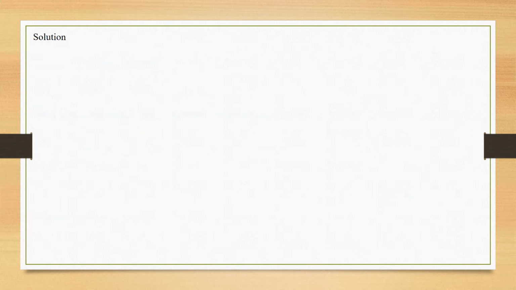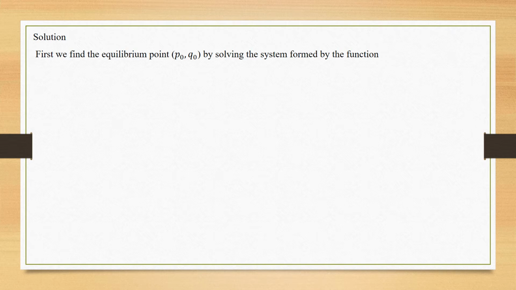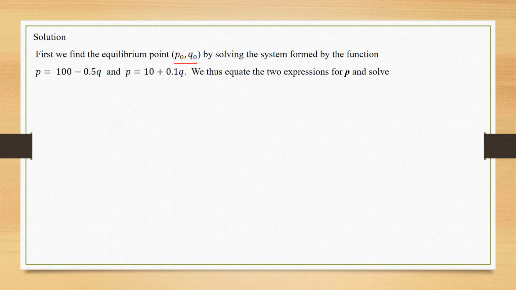Let's have a look at the solution. Let's denote the equilibrium point by P naught and Q naught. We will solve both equations. The first equation is the demand equation, and the second is the supply equation.